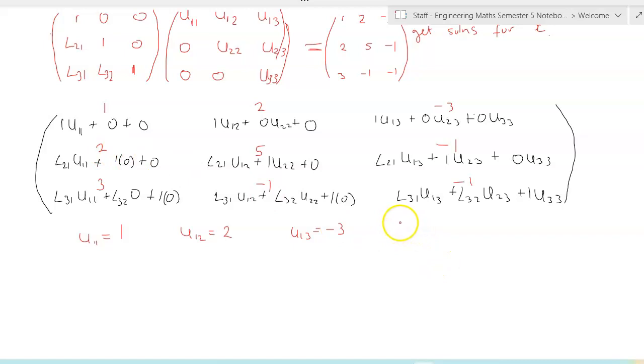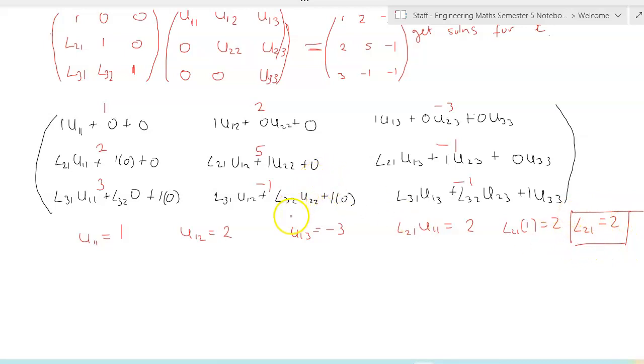That 2 came from the 2 here in the matrix A. But we know that U11 equals 1. That was the first thing we got. So then L21 times 1 equals 2, which means L21 equals 2.